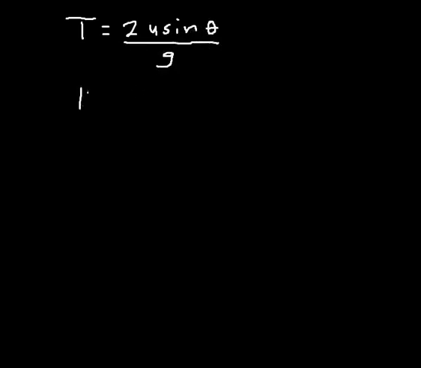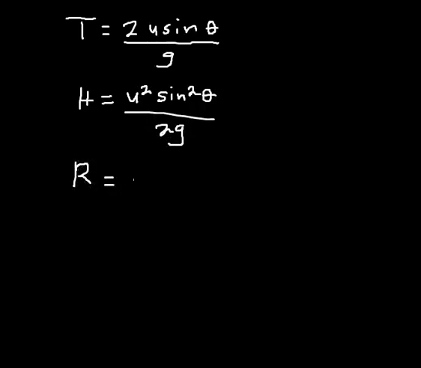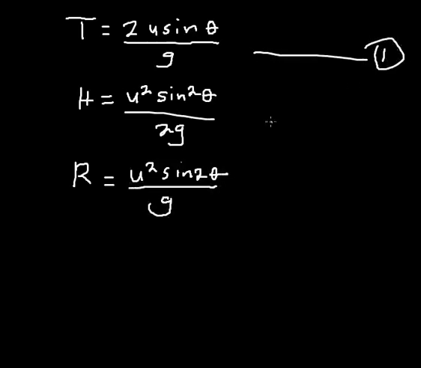The second is the maximum height attained, which is equal to u squared sine squared theta all over 2g, while the last but not the least is the range, which is u squared sine 2 theta, divided by g. We're going to apply these three equations in the next video.